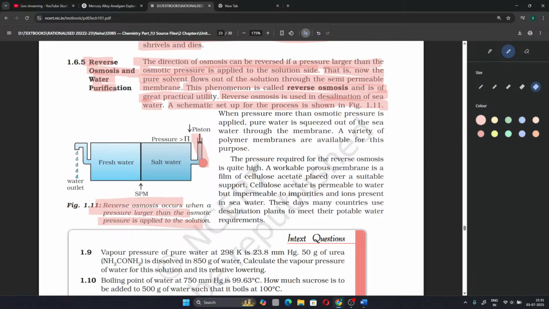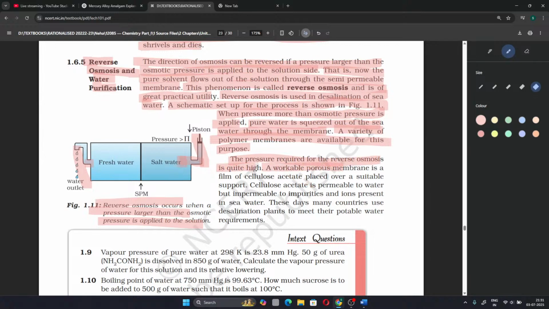Salt water, apply pressure, fresh water passes through a semi-permeable membrane. Water outlet, we get fresh water. When pressure more than osmotic pressure is applied, pure water is squeezed out of the seawater through the membrane. A variety of polymer membranes are available for this purpose. The pressure required for the reverse osmosis is quite high.